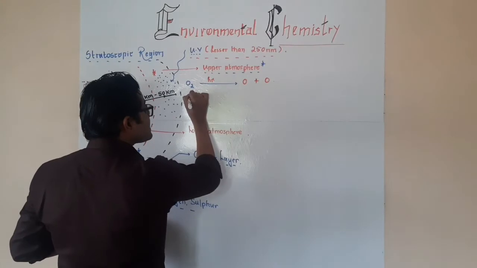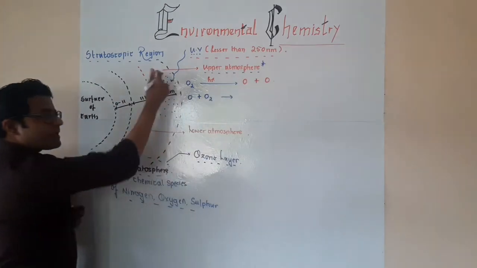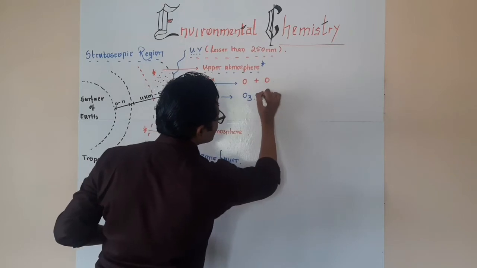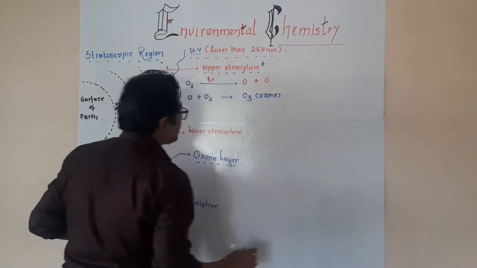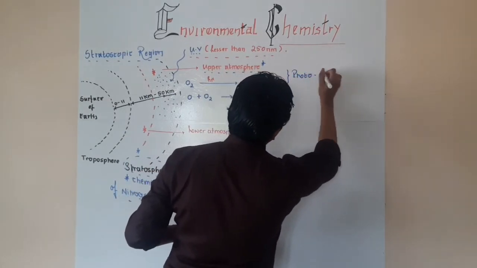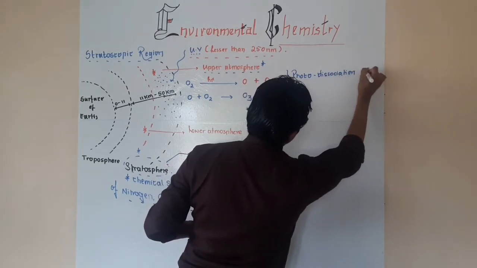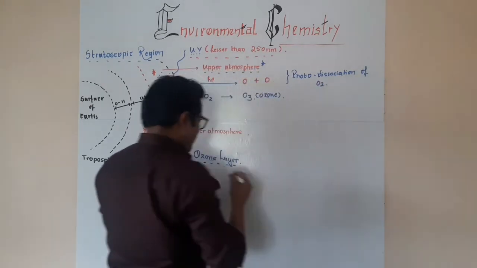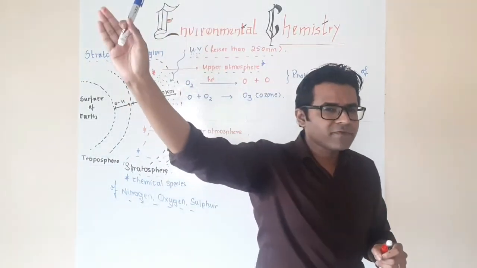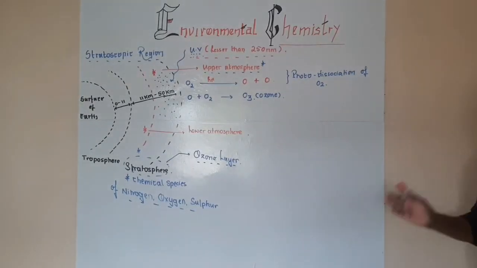The oxygen atom will combine with neighboring oxygen molecules, due to which it forms O3, which is nothing more than ozone. Here, the photo-dissociation of the oxygen molecule occurs because of the ultraviolet radiations coming from the sun. This is our first reaction.